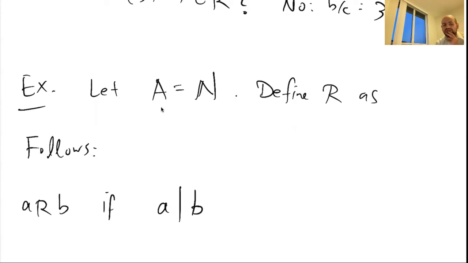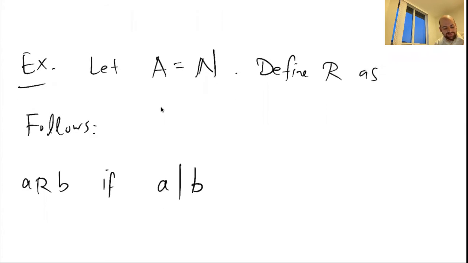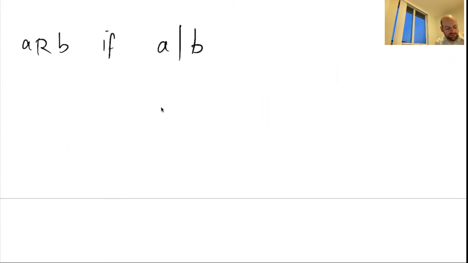So in this relation, we are defining it in a way that A comma B belongs to R if the first coordinate A divides the second coordinate B. Divides, as you know, means it's a factor of. If the first coordinate is a factor of the second coordinate, then we say A comma B belongs to R. Otherwise, we say A comma B does not belong to R. So for example, 1 and 3.